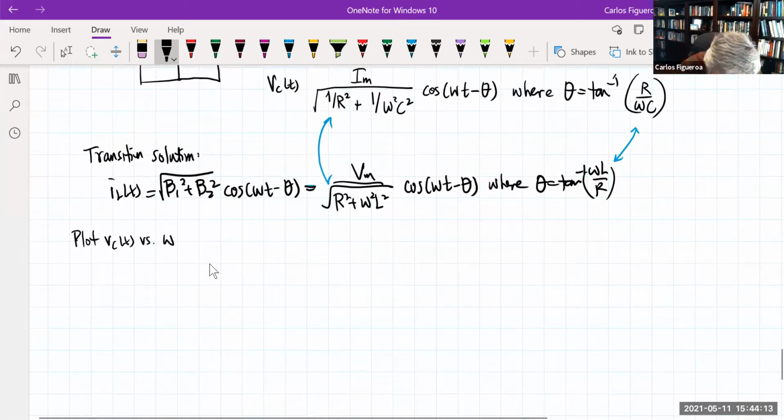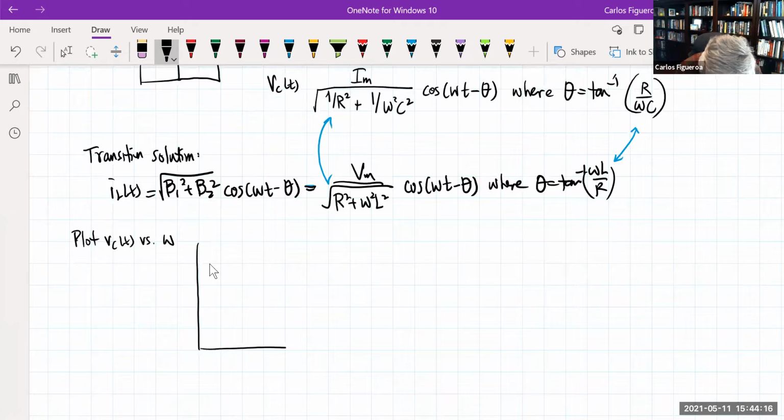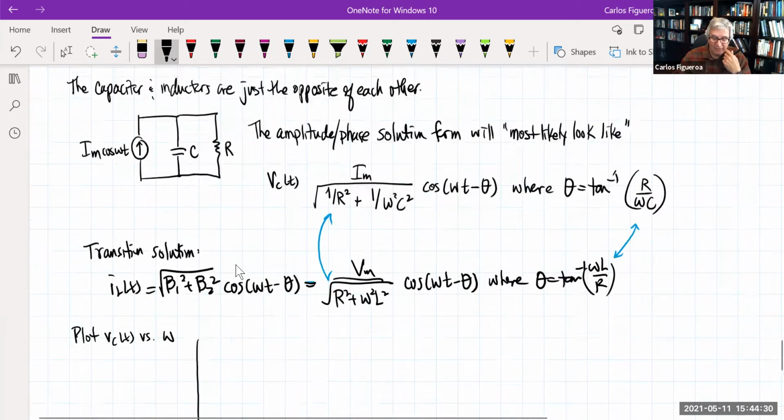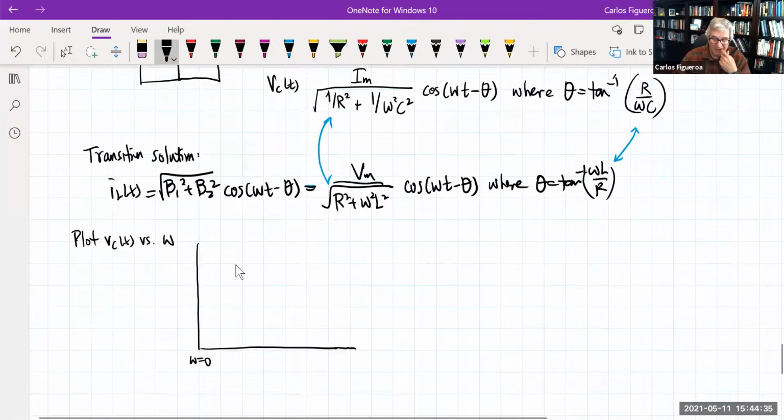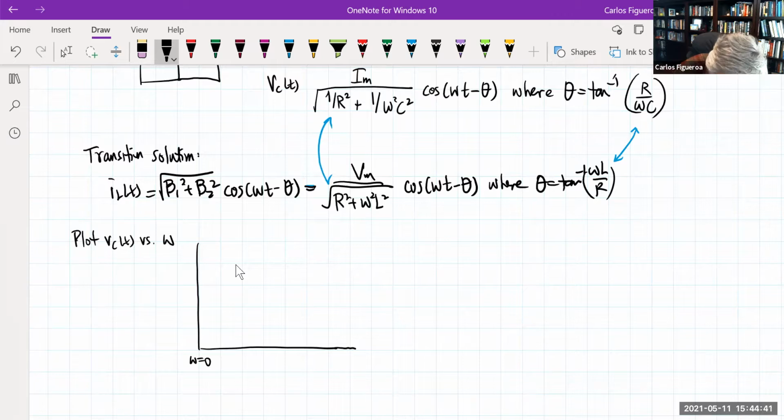Well, what I would expect to see here is that at omega equal to 0, if I look at this guy, it's got to be the opposite direction, right? So at omega equal to 0, you can see that the denominator is infinite. So this amplitude should then be the opposite here.